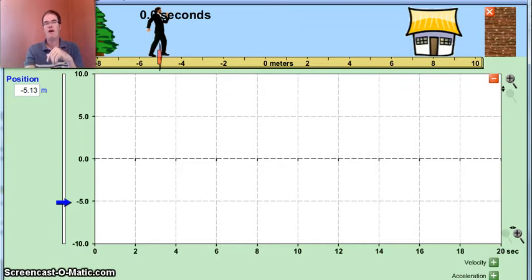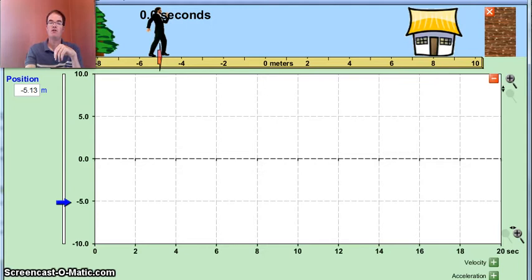I have here now the same basic demonstration. A man will be moving across the screen, very simple. And we're going to start out with a constant speed. And we're going to see what that looks like. Here on the graph we have an x-axis that shows time and a y-axis that shows distance.